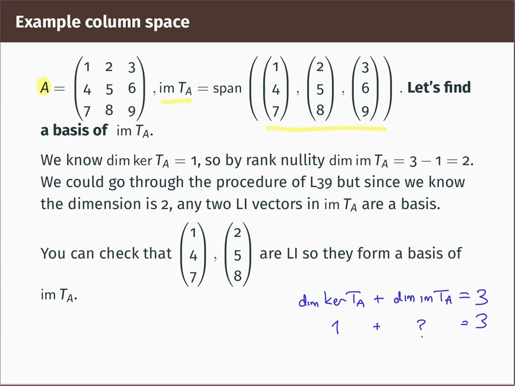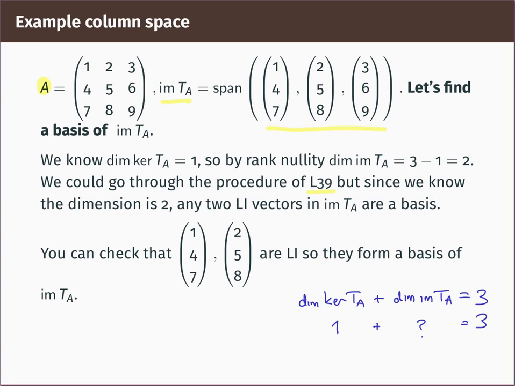So the dimension of the image of T_A, the rank of T_A, is 3 minus 1, which is 2. So whatever this image is, we know that its dimension is 2. Even before we knew the rank nullity theorem, we could have gone through the procedure from video 39 to find a basis for the column space of A. But now we know the dimension is 2.